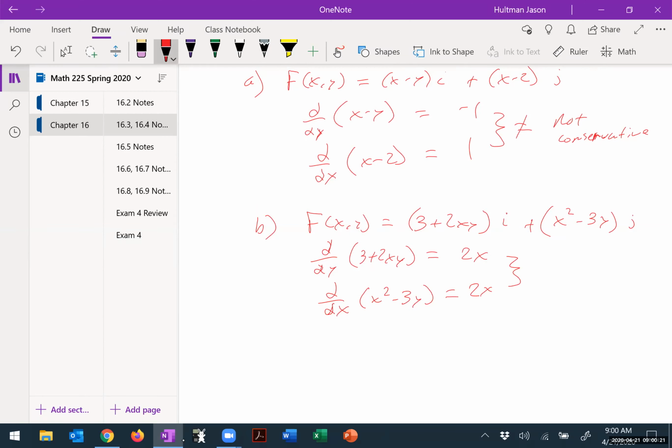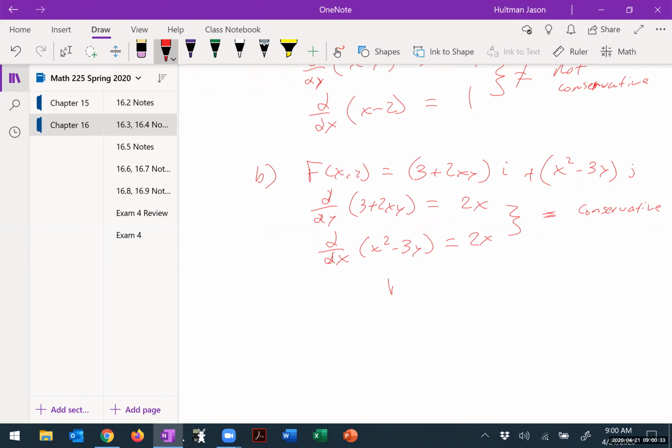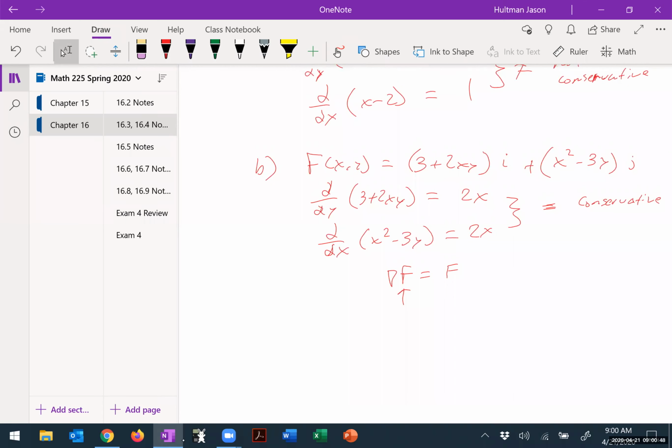So what do I know? I know that these are equal, which means that they're conservative, which tells me that del f can equal F. There is an f such that that can equal F. Well, we already figured it out. That was example 1. We found f already. F was equal to xy squared plus 3x minus y, plus k.